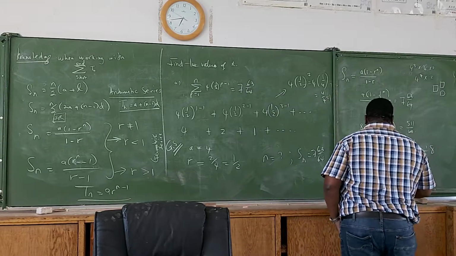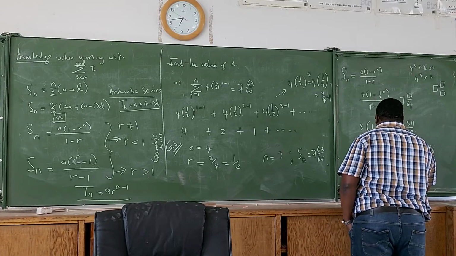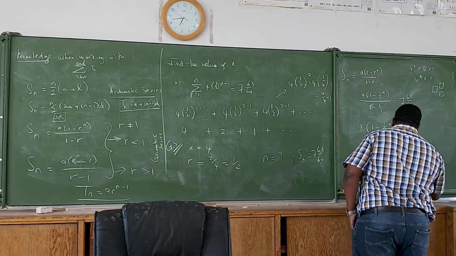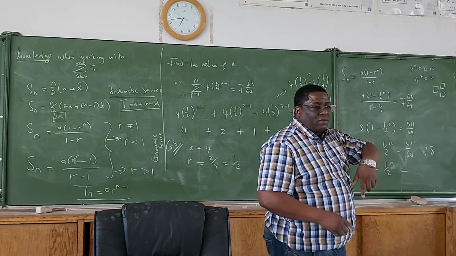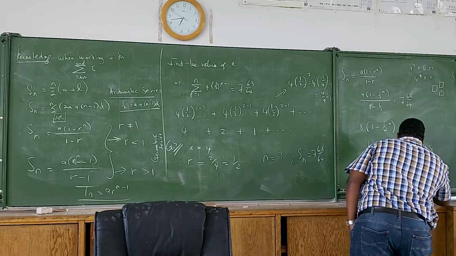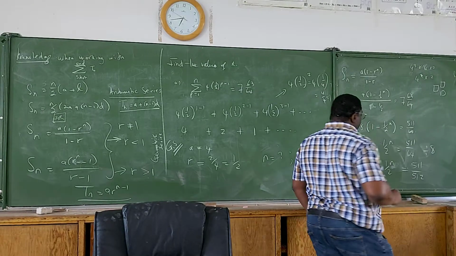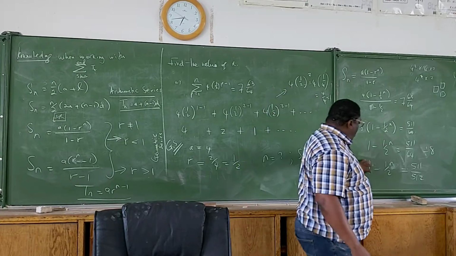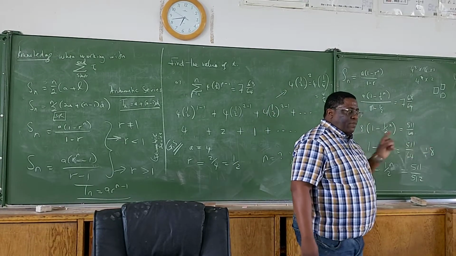Does that make sense to you? Yeah. Okay. Just checking. So what is the answer? 511 over 512. Reasonable. I'm running out of space, right? So I'm going to subtract 1 from both sides. But here's the key.